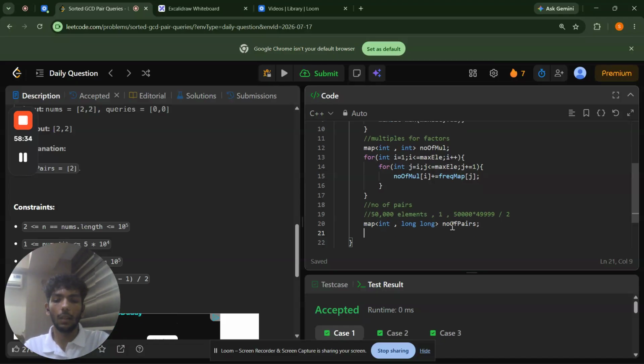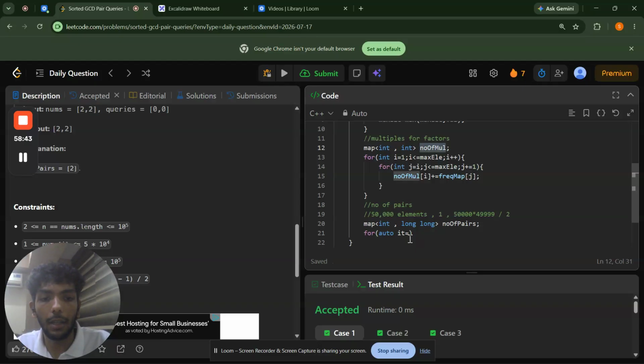Okay, now this is how we iterate a map using an iterator. I'll surely discuss this in my STL playlist.